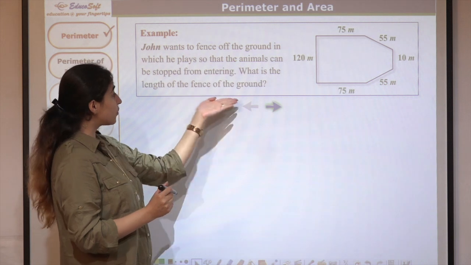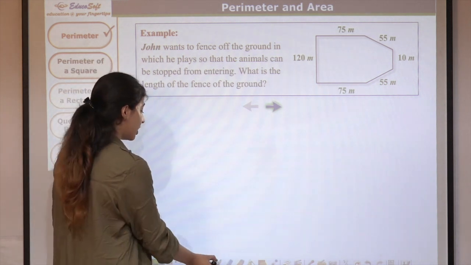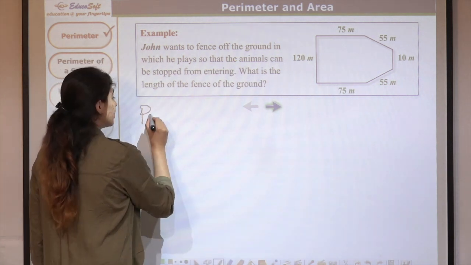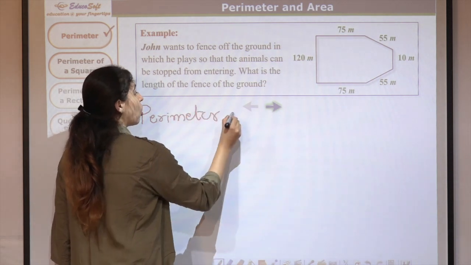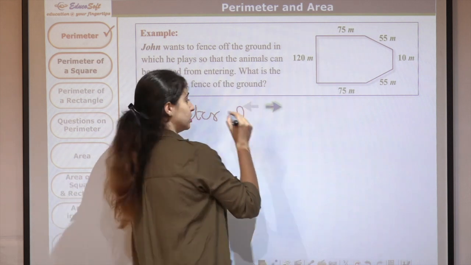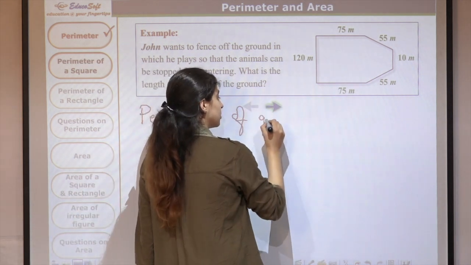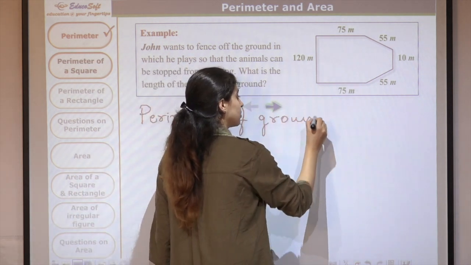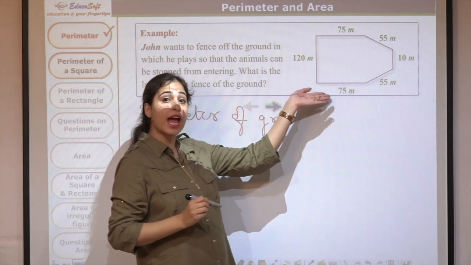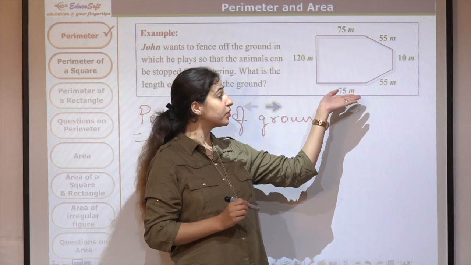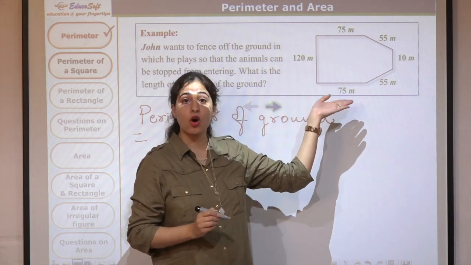What is the length of the fence of the ground? Let us calculate. Perimeter of this ground is, we simply add all the sides. We are given the measurement of each side of the ground.